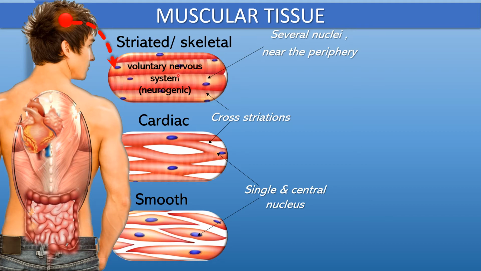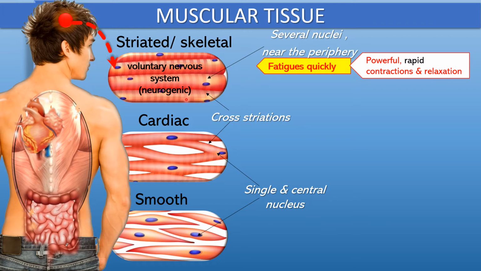So when we decide that we want to move our body parts, an impulse will be transmitted to the striated muscle, and this muscle then will do powerful, rapid contractions and relaxation. But the contraction and relaxation requires a lot of ATP, causing the muscles to fatigue quickly. That means these skeletal muscles become tired and eventually unable to contract. That is why after work we have to rest.